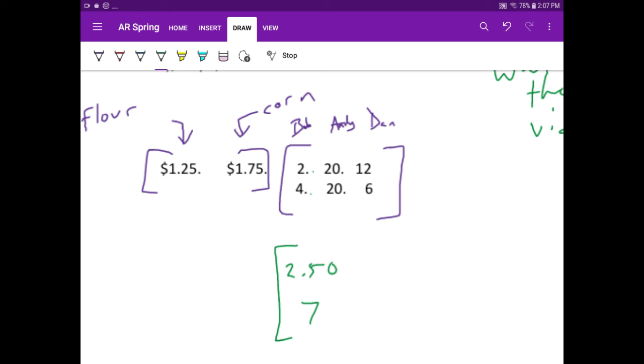Then you have Andy is getting 20 of each, so 1.25 times 20, that's $25. And then 1.75 times 20, and then that's $35. Then Dan is getting a dozen flour tortillas, 1.25, so that's $15. And then 6 of the corn, 1.75, so that's $10.50.